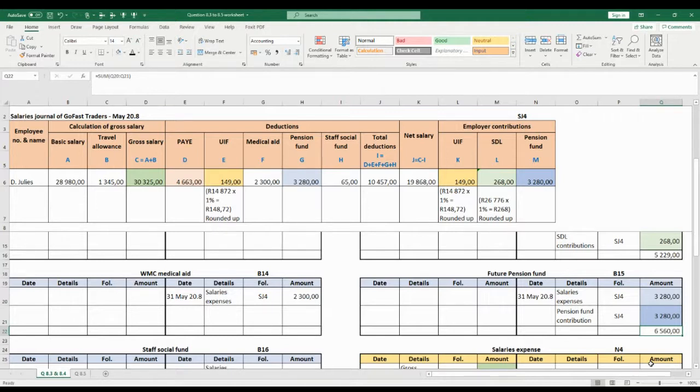Explain what you are wondering about, or is there anything else that you want to clarify? Okay, is there any other questions that you guys have before we move on to the payment of these entries? You can just indicate with a thumbs up if you're right for us to move on.